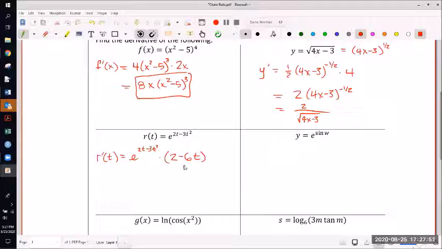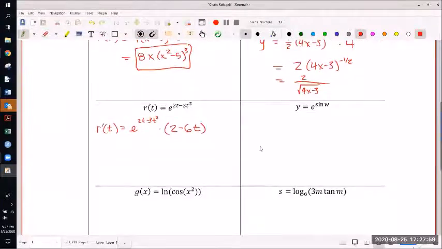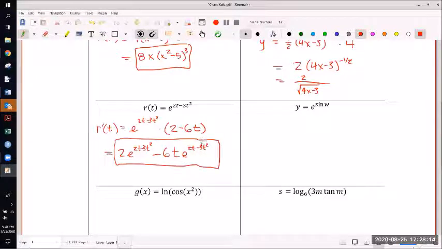Okay, and that's it. You can simplify that if you want to distribute the terms. You could have 2e to the 2t minus 3t squared minus 6t e to the 2t minus 3t squared. But that's not necessary all the time.